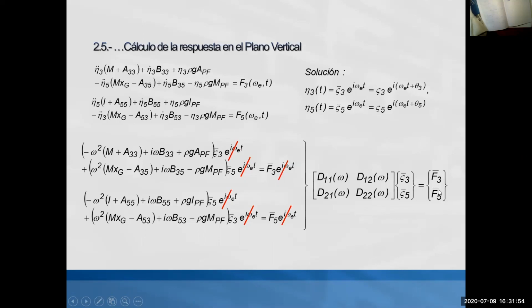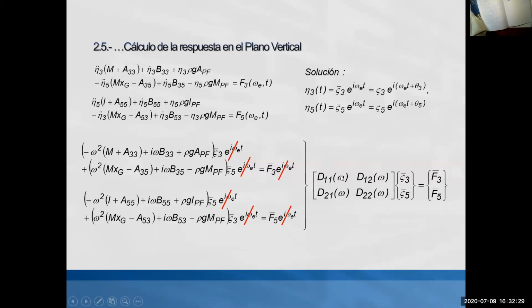F3, F5 are the amplitudes of the forces except e to the I omega t. See, this bar here means that each one of these terms are complex. After you have all of these, remember, D11, D12, D21, D22 are completely calculated. The problem is that you have to be careful because they are complex. Because this part here is real, you have here clearly, this is the imaginary.